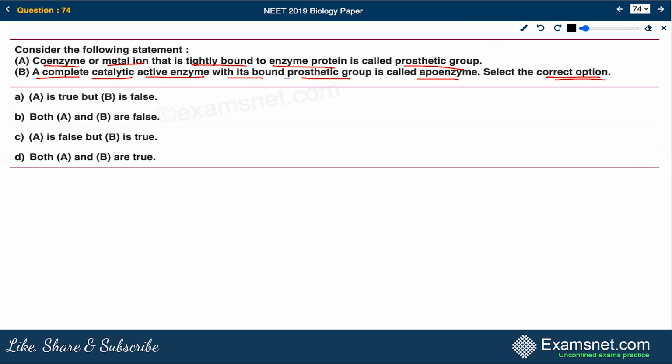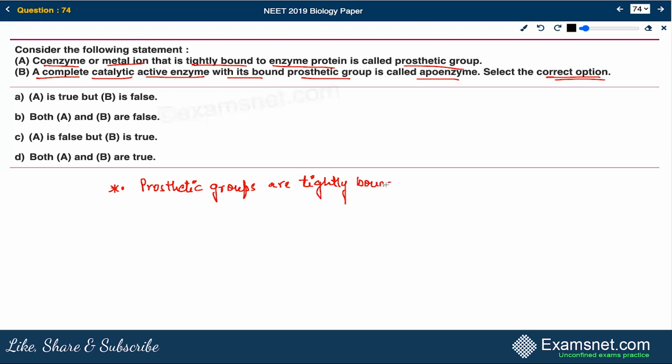And one thing to note here is that the prosthetic group is one such group which is tightly bound to the enzyme. Let me tell you that prosthetic groups are those groups that are tightly bound to the enzyme.